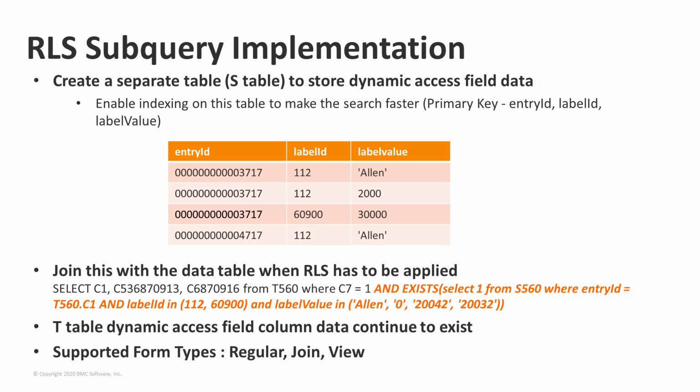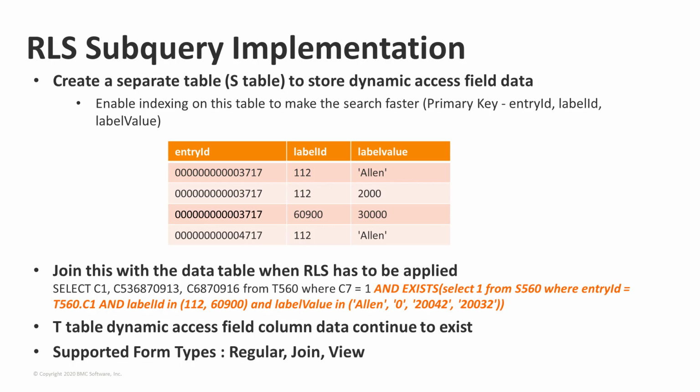Please note the data for the dynamic access field continues to exist in the T table. This helps to switch things back to earlier implementations if required. Also, any application workflows referring to dynamic access fields will continue to work without any issues. This new implementation can be enabled per form. There is no way to enable it for all the forms at system level using configuration.